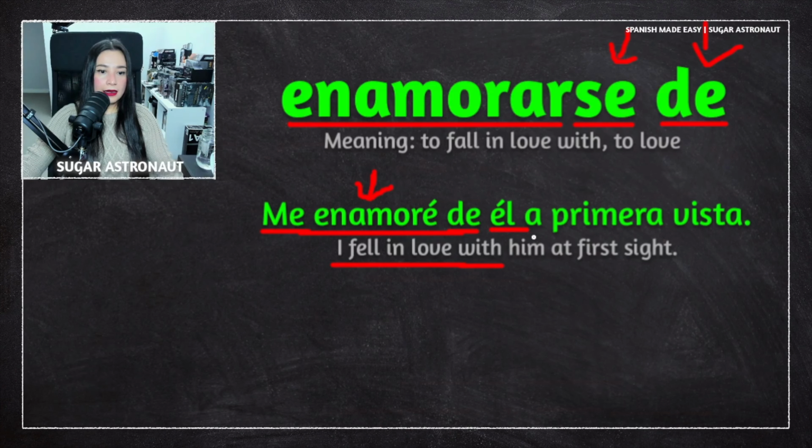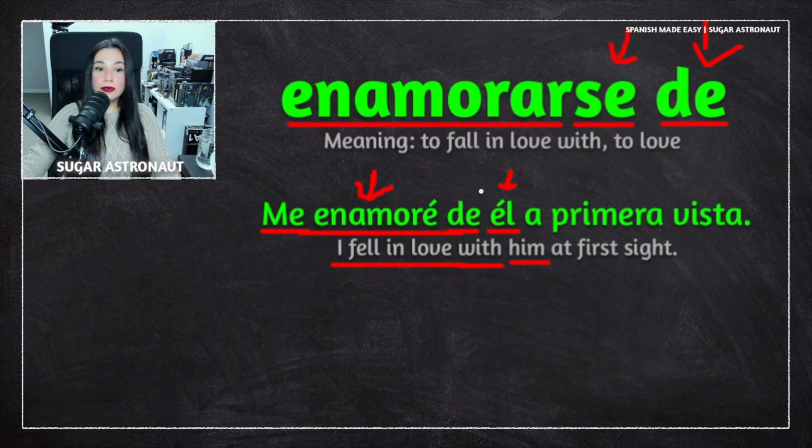And él means him, okay? De él, him. Él also means he, and we know because it has an accent mark on top of the letter E. If you remove it, then it means the, okay? The, el carro, the car.